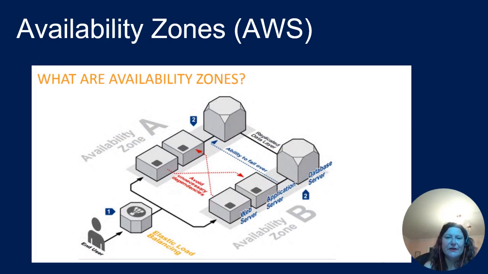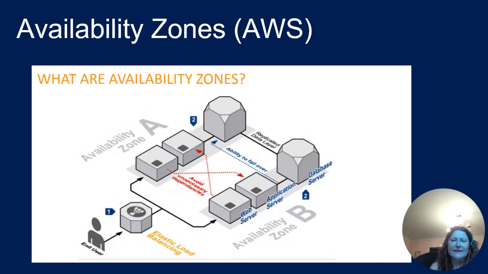Usually availability zones are used for availability, like it says. As I said, Google's availability zones are not called that; they're just called zones, but they're pretty much the same thing. Typically, AWS recommends that you have a load balancer that balances between the architectures in availability zone A and availability zone B, so that if one availability zone goes down, the other can take over.